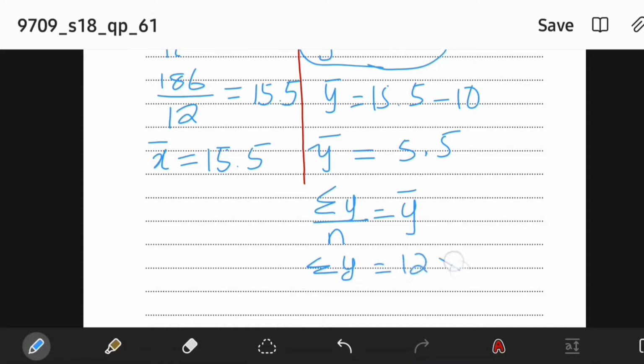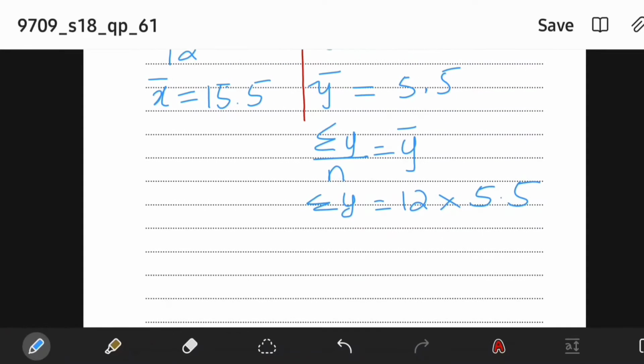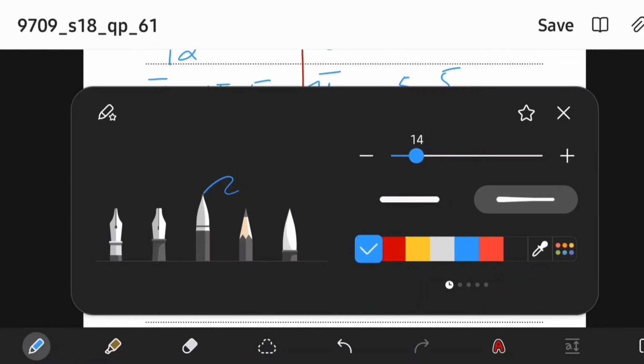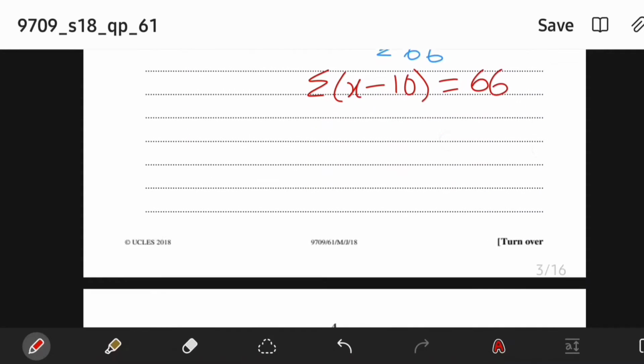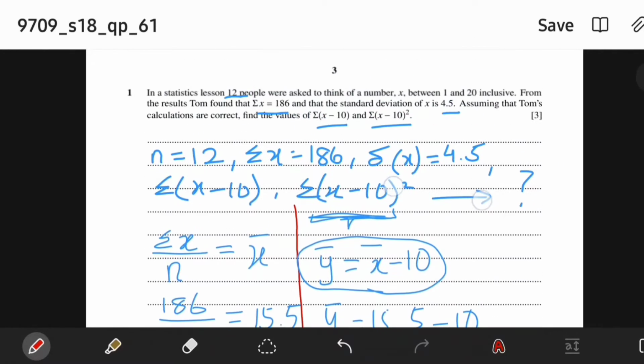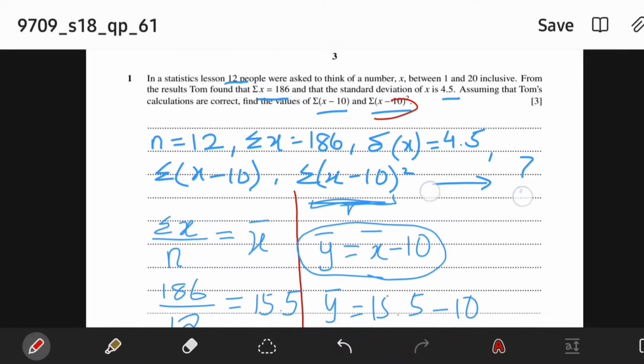N is 12 into mean of y is 5.5, and the answer would be 66. So now we know that this right here is equals to 66. Now we need to find this.